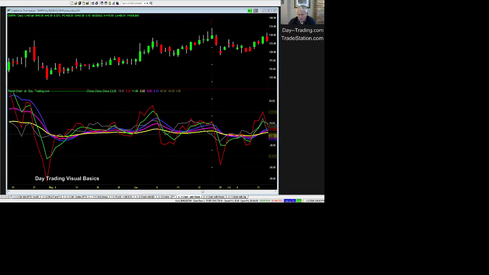On this day here, on that 4th green candle, the gray line has been going down for 5 days now, and the red line has bounced back and forth, but we're on a red peak at the moment again. It closed here today at $129.69, and 2 days later, right here, it closed at $119.40. It had a $10 drop in 2 days.